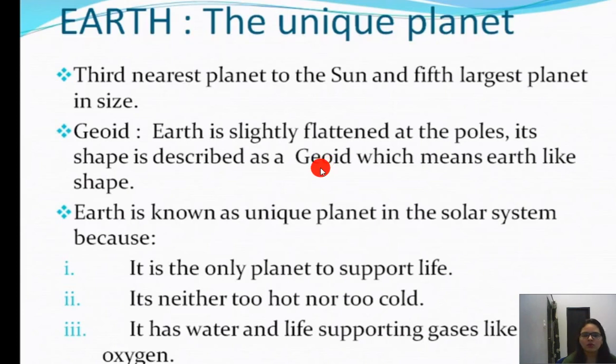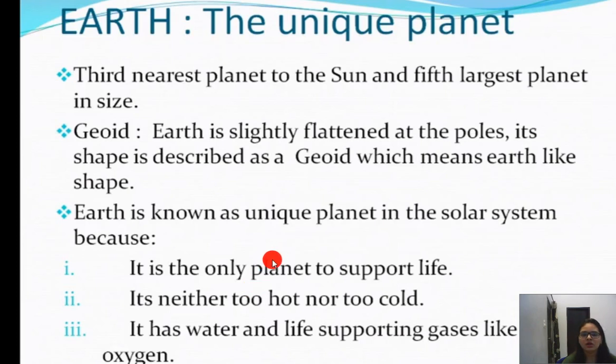Earth is known as the unique planet. We know very well that our Earth is called the blue planet and unique planet in the solar system because Earth is the only planet which has life, because of air and water. Yes, Earth contains air and water, so it supports life. It is the only planet to support life.